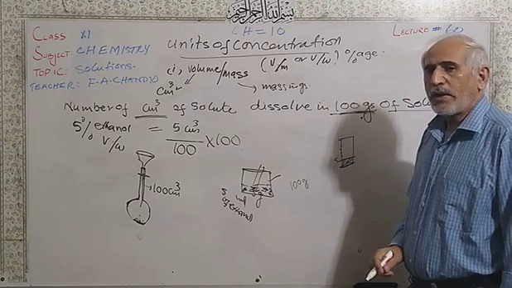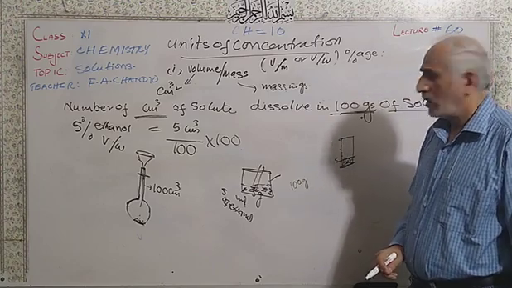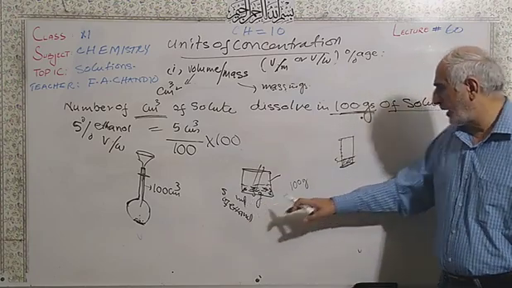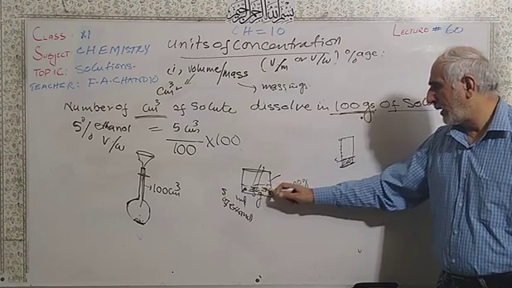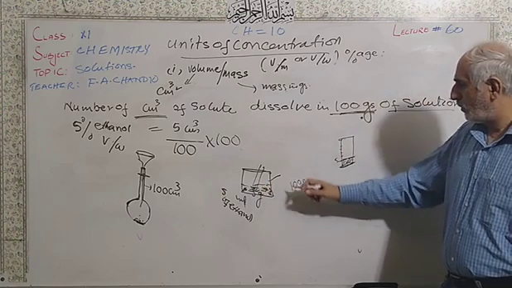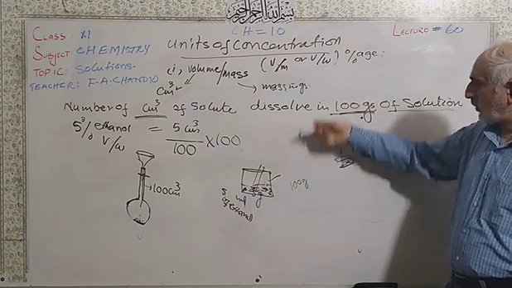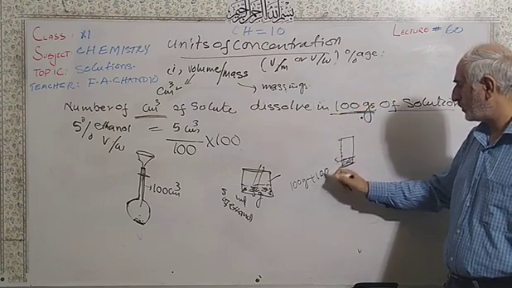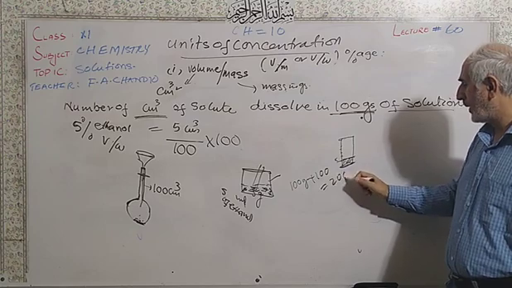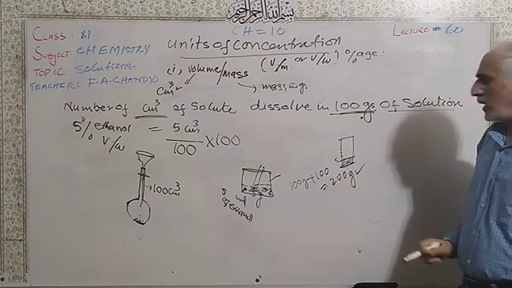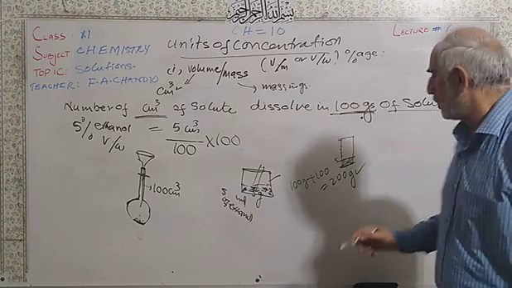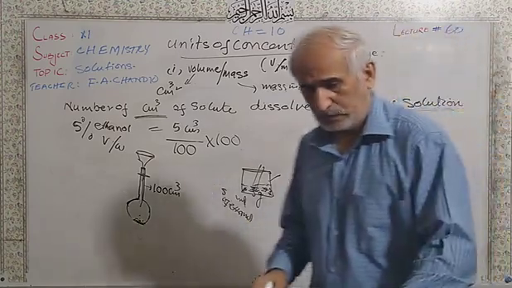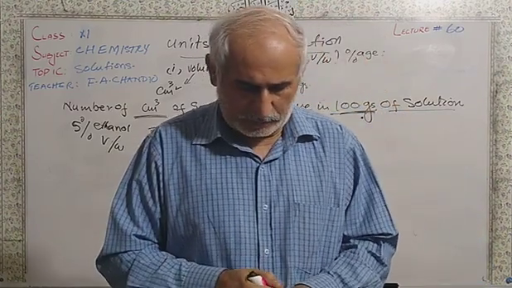Then transfer 5 milliliters of alcohol here, put it on the balance and add more water till your answer is 200 grams. 200 minus 100, you will get 100 grams of solution.